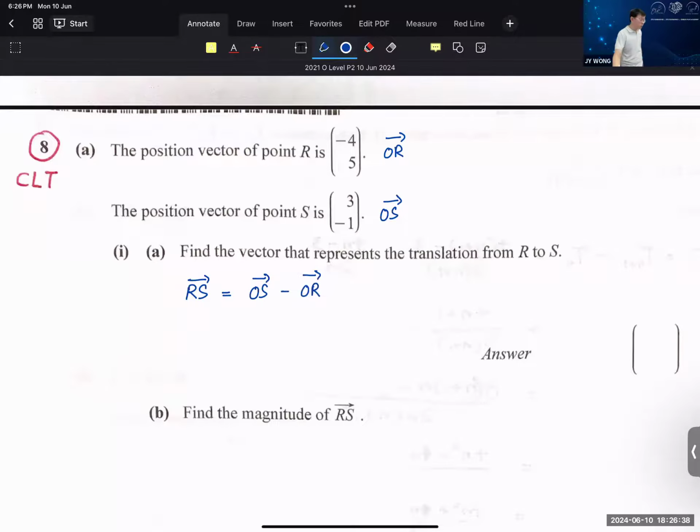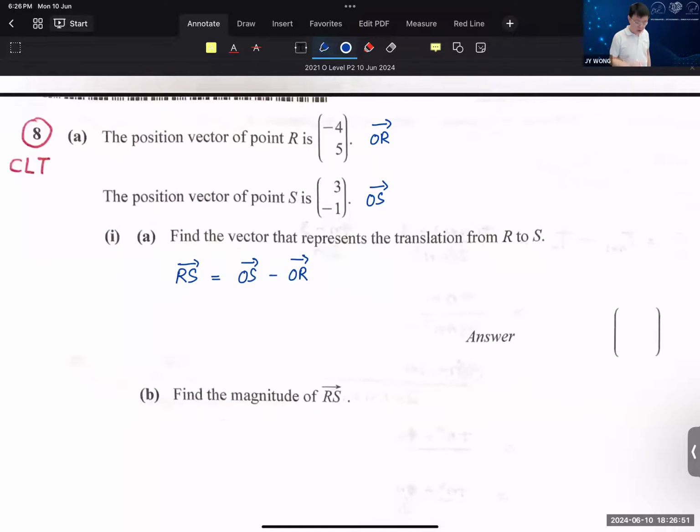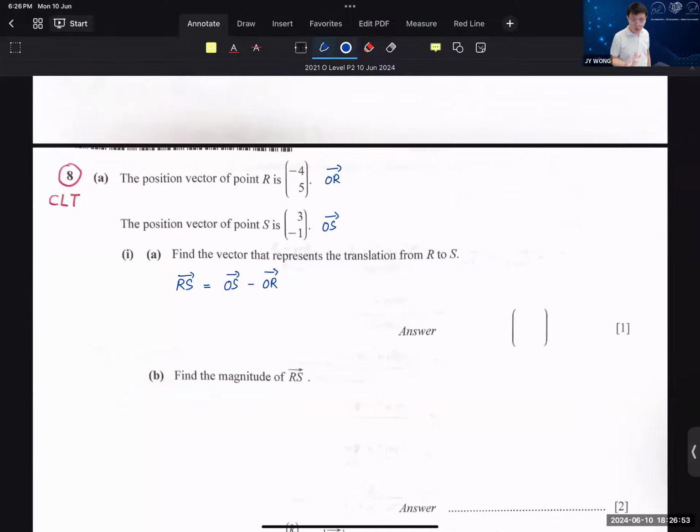Alternatively, I know some of you write it as RO plus OS, which is also okay. Make sure you write this. I already clarified you are supposed to write this, even though it is only 1 mark.